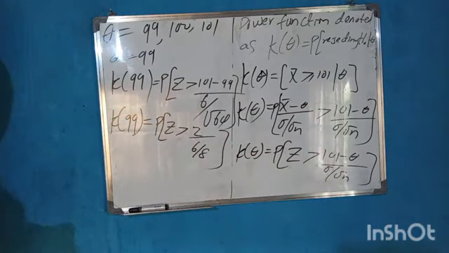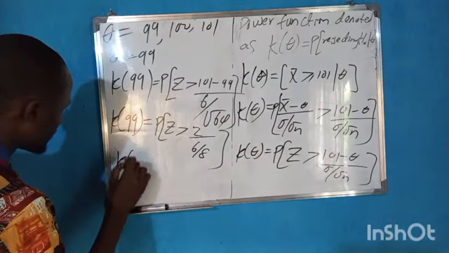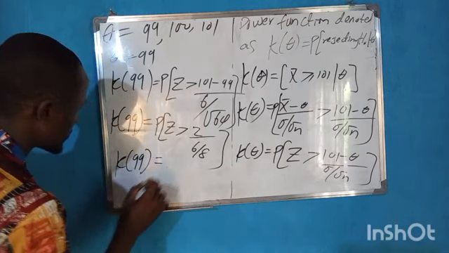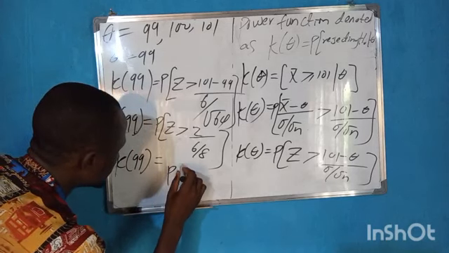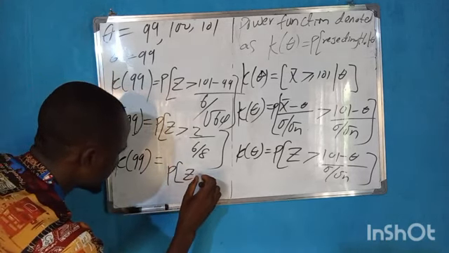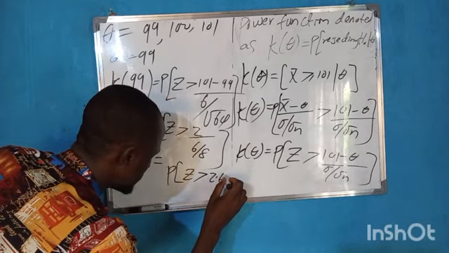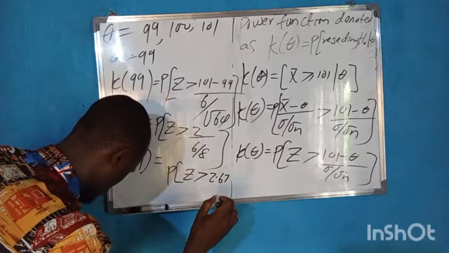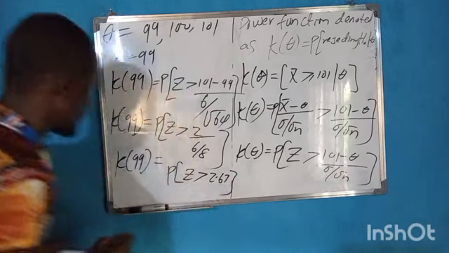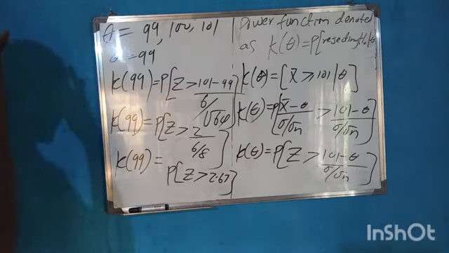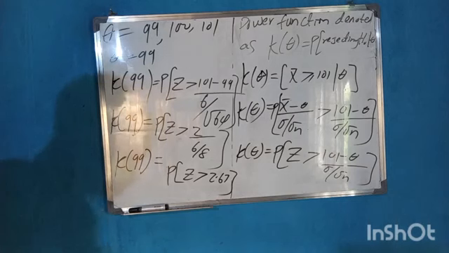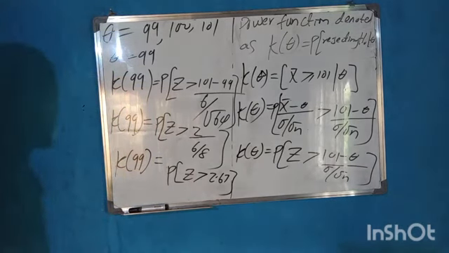If you divide, we have k of 99 equal to the probability of Z greater than 2.67. Now the next thing is to find the area under a normal curve.